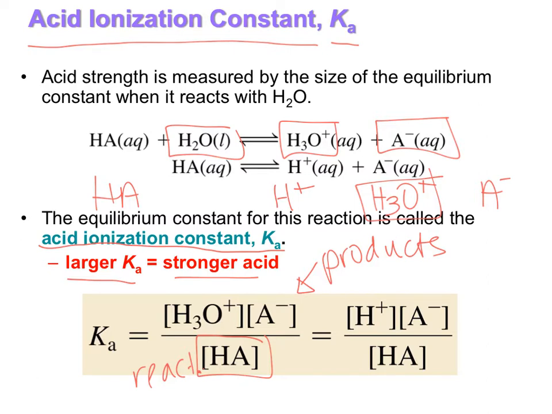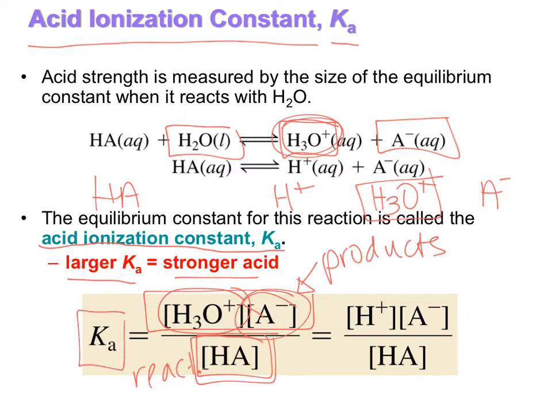Because it's completely ionizing, or coming very close to that, you will have a lot of these products in solution. So you have very high numbers in the numerator, and by whatever number you divide by in the denominator, you're going to get a very large number. So if you have a lot of products, you get a large Ka, meaning you had a very strong acid because it dissociated very well.